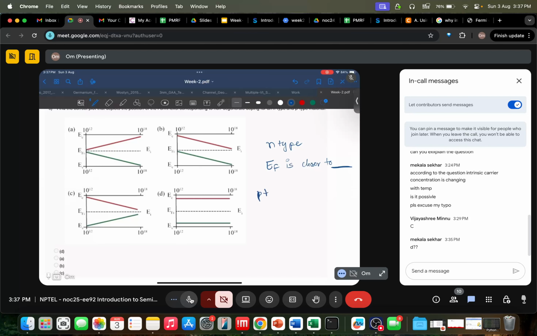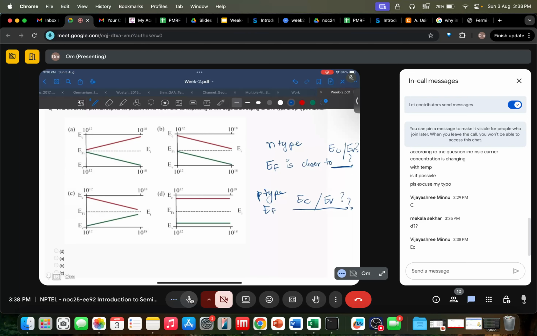And for P-type, Ef is closer to where? Is it Ec or Ev? Right. It's Ec and Ev.